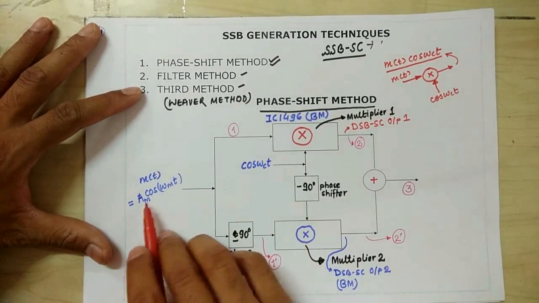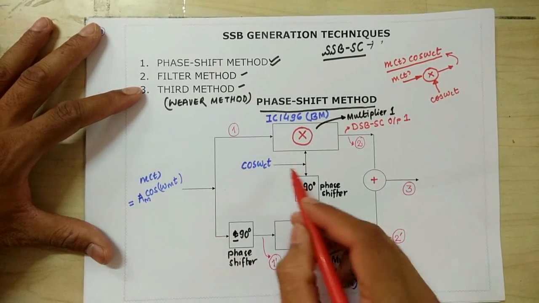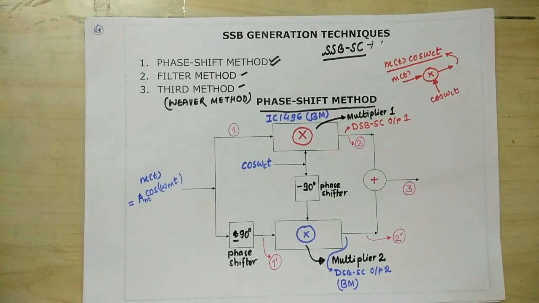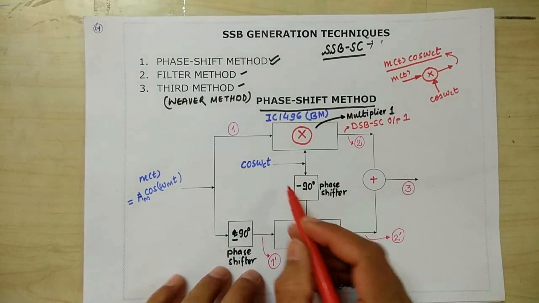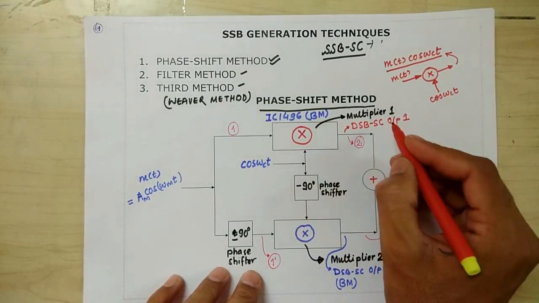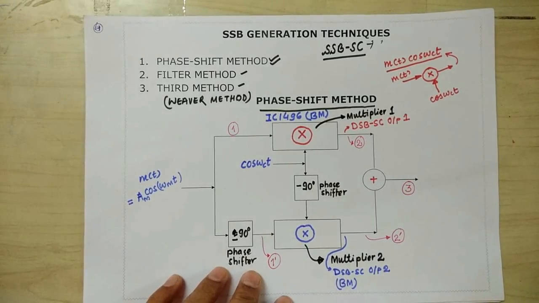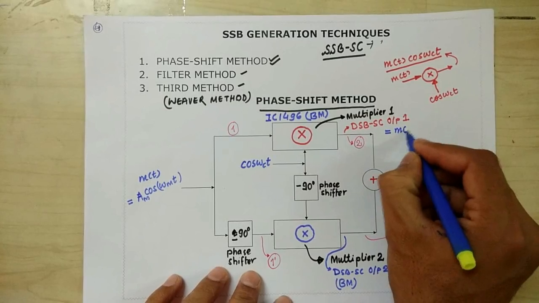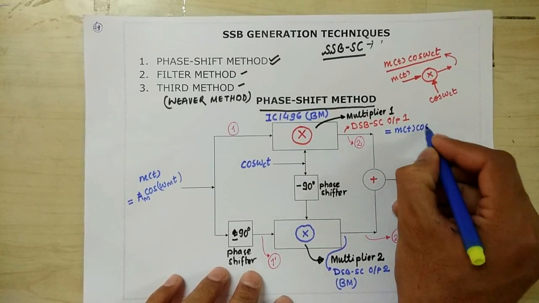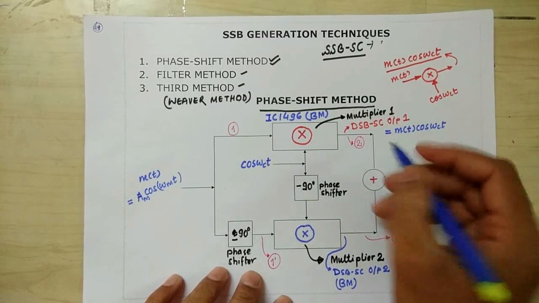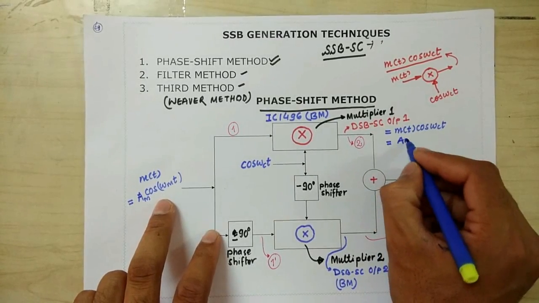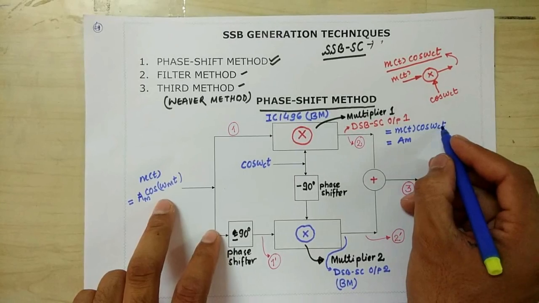So point number 1 is just Am cos omega mt, which is going to be multiplied with cos omega ct. When you multiply this, the output is m of t cos omega ct, and m of t is nothing but Am cos omega mt. So it is Am cos omega mt into cos omega ct.